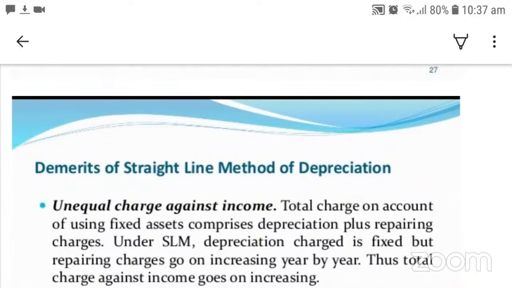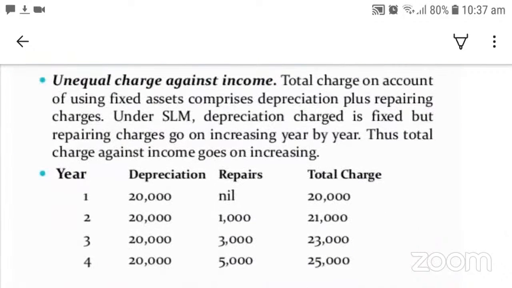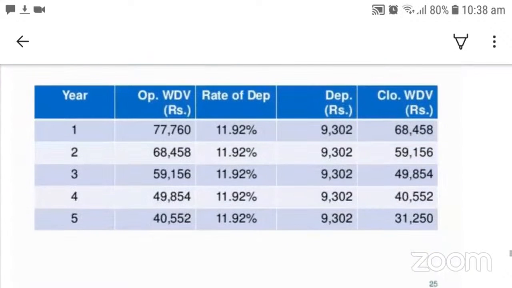The total charge against income goes on increasing. We are charging only an equal amount, 20,000 only, but the repairs amount will increase as the asset's working condition declines.